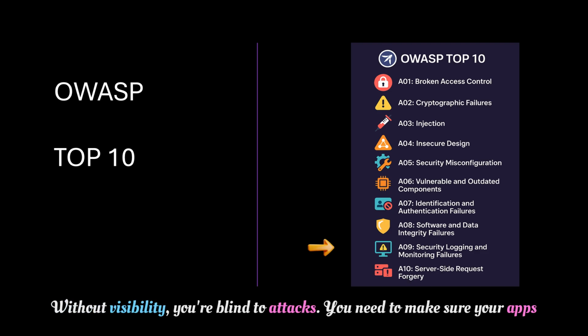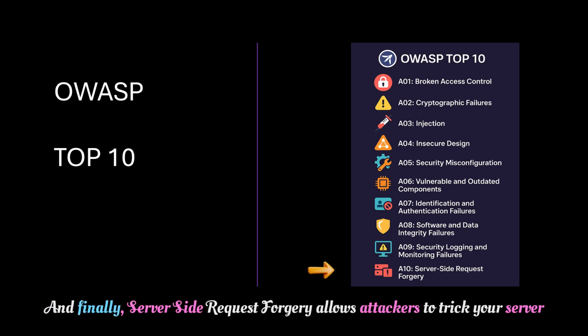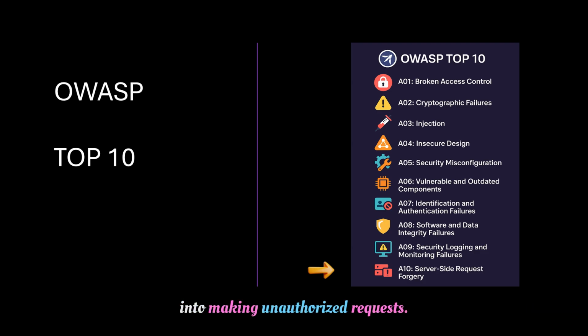You can't ignore security logging and monitoring failures either. Without visibility, you're blind to attacks. You need to make sure your apps are logging the right events, feeding them into your SIEM, and generating alerts when something suspicious occurs. And finally, server-side request forgery allows attackers to trick your server into making unauthorized requests.